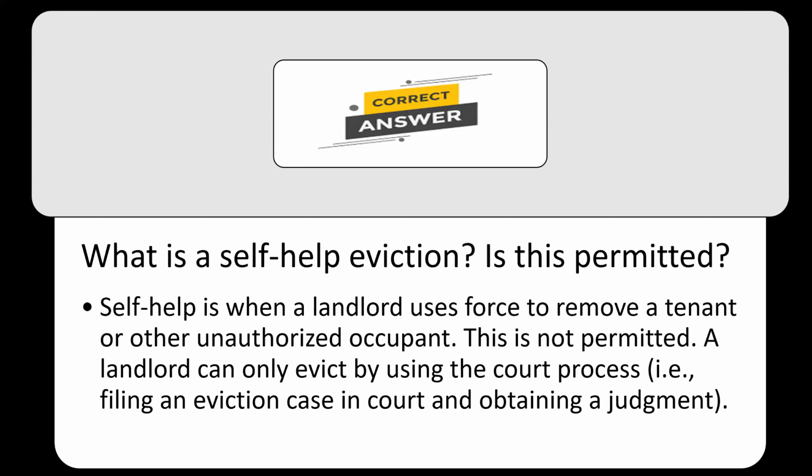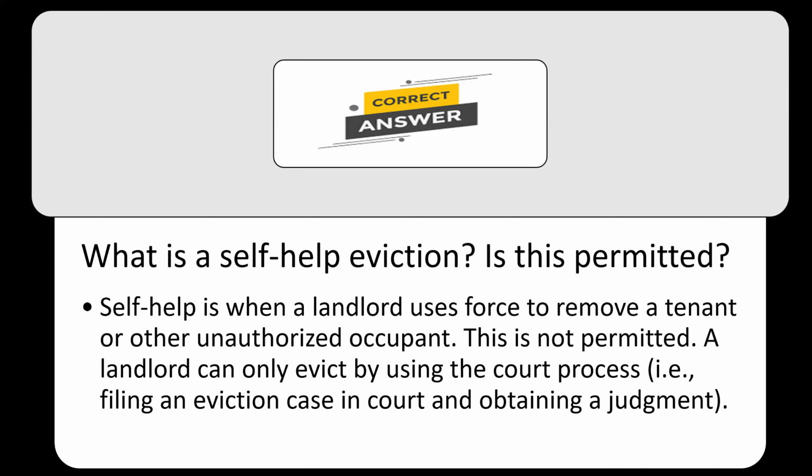Again, if we're going to list an exception to this, it would be, for example, if there's real clear evidence, good faith belief that the tenant has abandoned the premises and the tenant is not current on the rent, or there's a good faith belief that the tenant is deceased. Those would be examples where there is kind of self-help, but the tenant's not there, right? But other than that, no, you cannot threaten or do anything to force a tenant out of a unit, and can only use the court process.